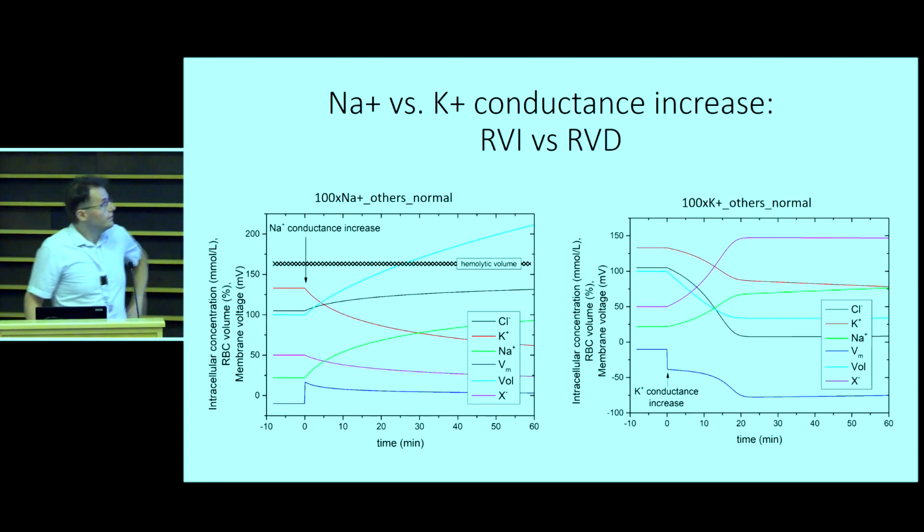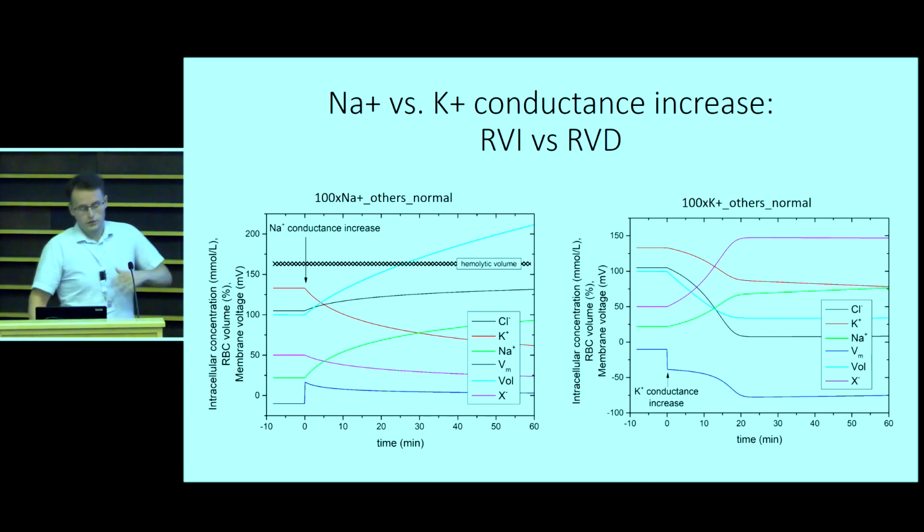Regarding the numerical solutions to these equations, on the left side you can see the cell response to a 100 times increase of sodium conductance. Maybe I should emphasize that in the dynamic equilibrium which cells experience at normal conditions, there is a considerable driving force for sodium entry into the cells and potassium outflux of the cell.